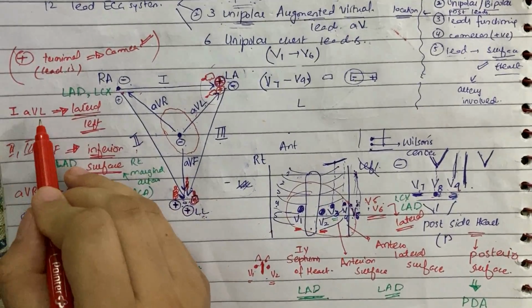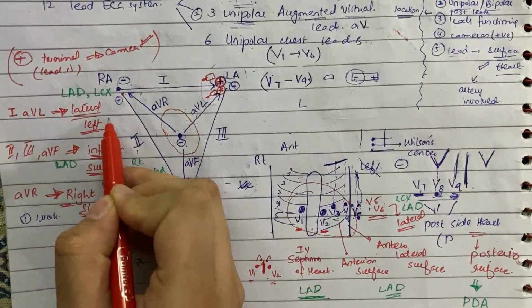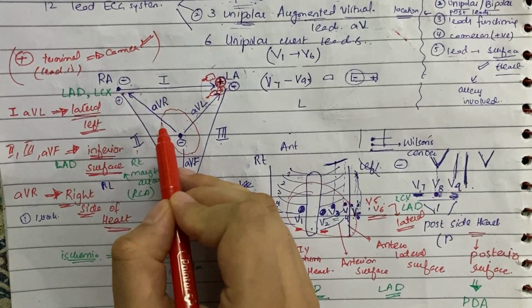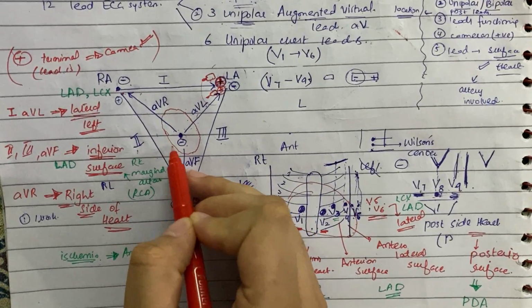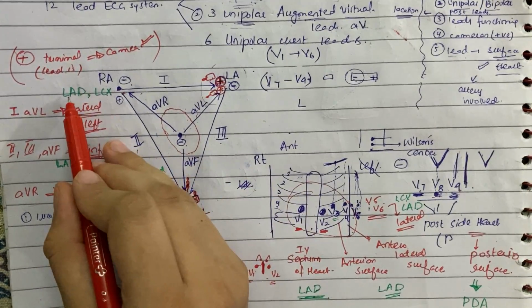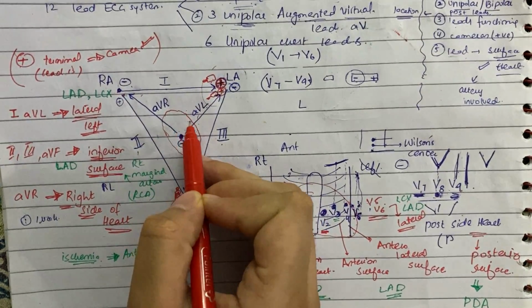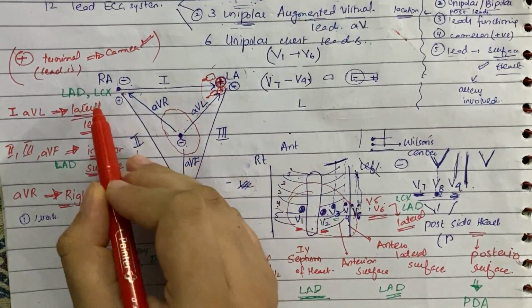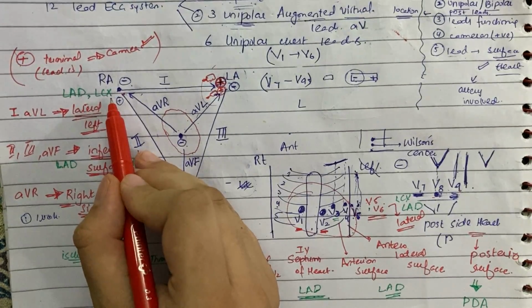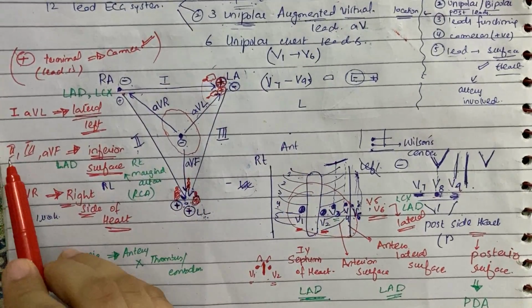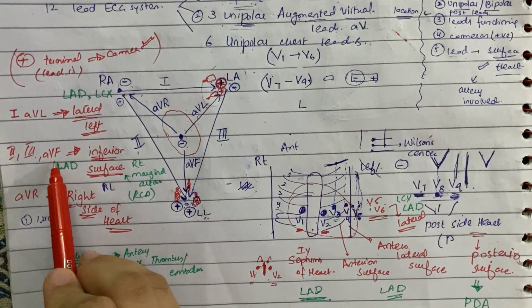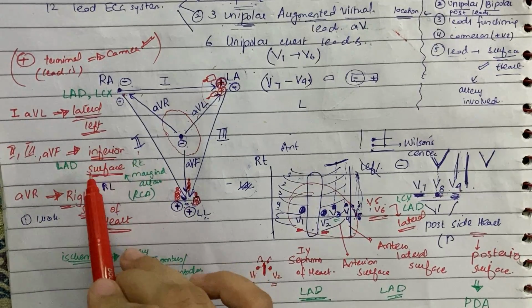So, lead 1 and AVL show the lateral or left surface of the heart. As we know, if this is the heart, its lateral and left side is supplied majorly by the left anterior descending artery and some part of the left circumflex artery. Second, lead 2, lead 3 and lead AVF show the inferior surface of the heart.